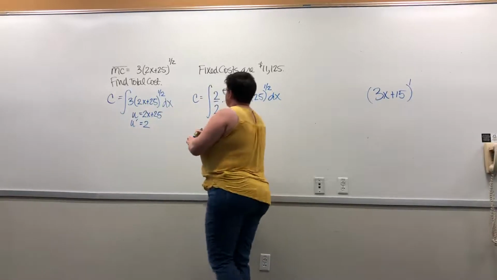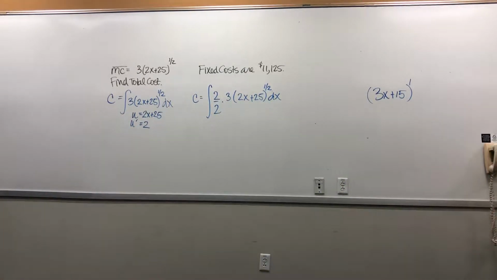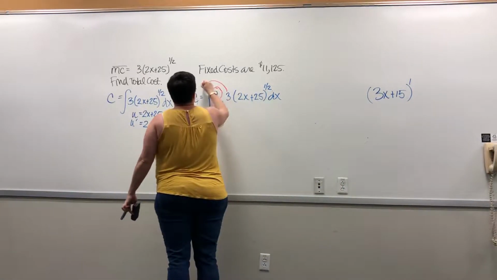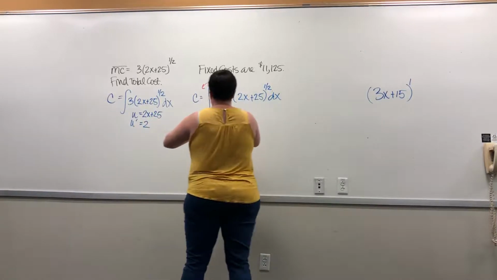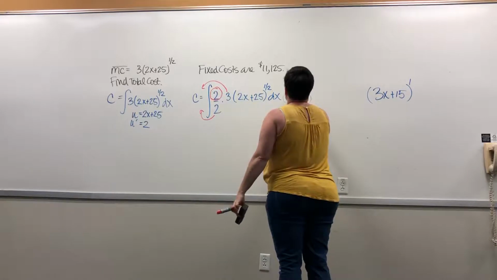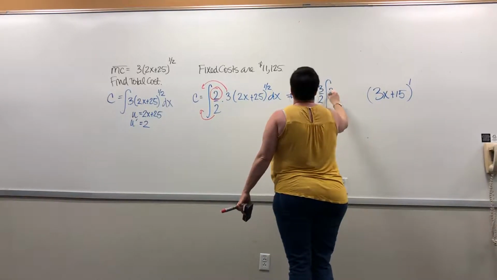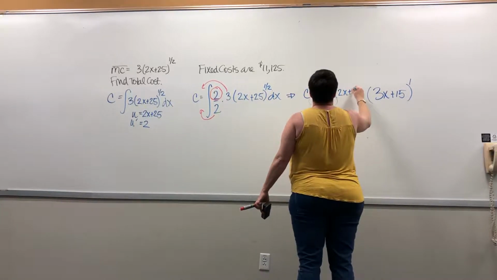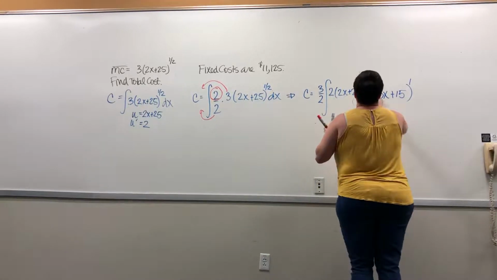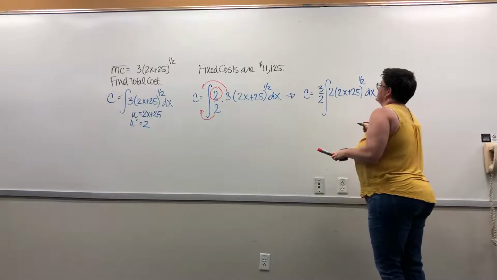Okay, so now I'm gonna circle what I need and kick out what I don't. I need a 2. I do not need that 3 or that 2. So now I get cost equals 3/2 integral of 2x plus 25 to the 1/2 with respect to x.